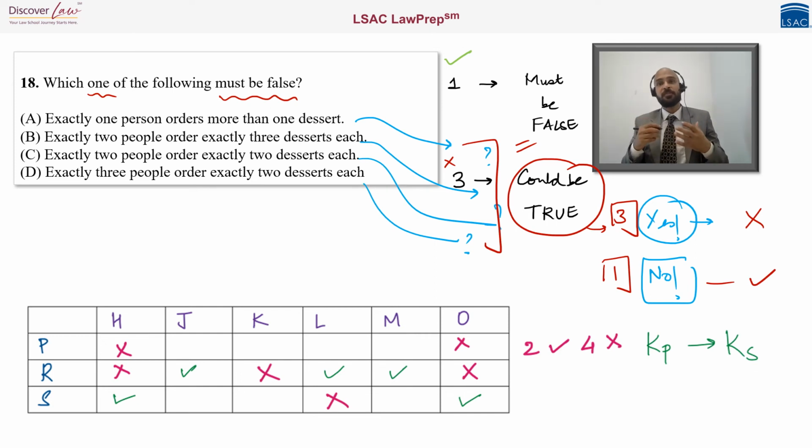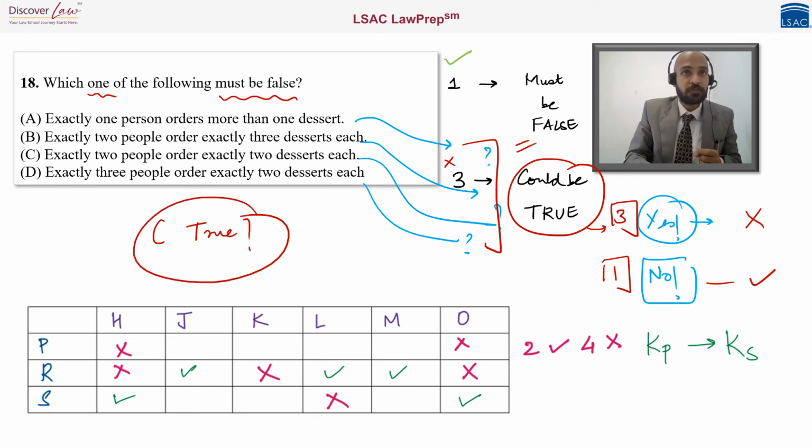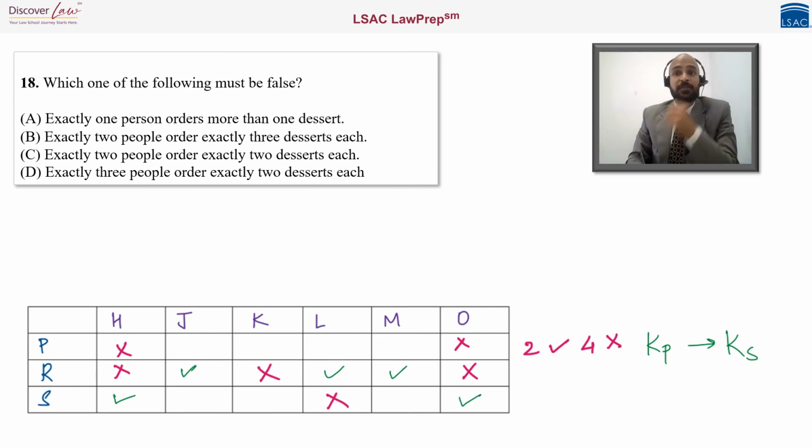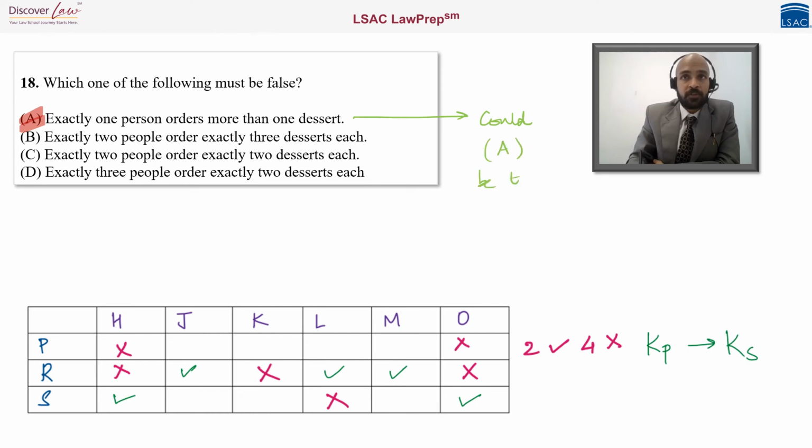So let us go through this method together now. Let us ask the question, could this be true, for each of the options, and arrive at the answer. Let's begin with option A, and we ask ourselves the question for option A. The question being, hey, could this be true? Could option A be true?